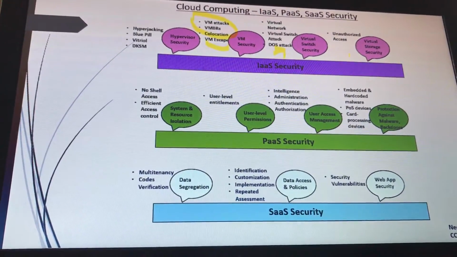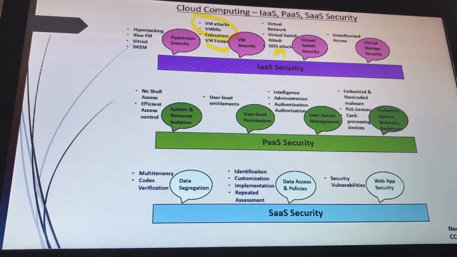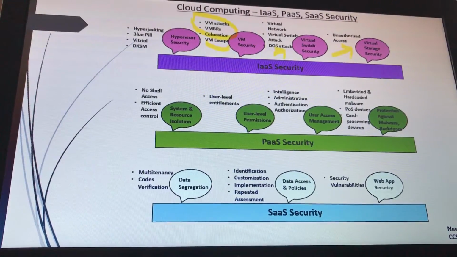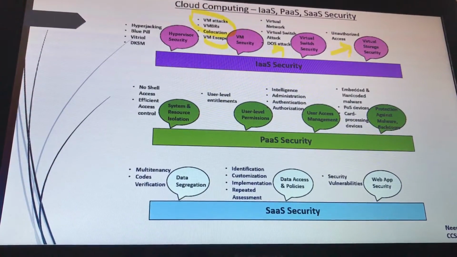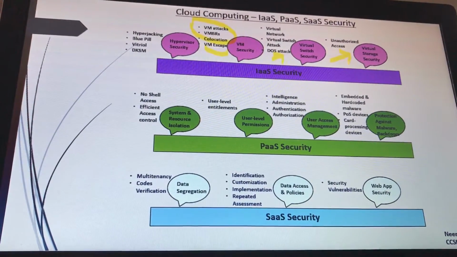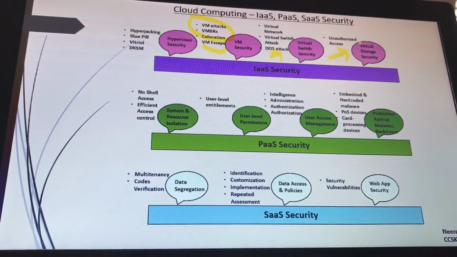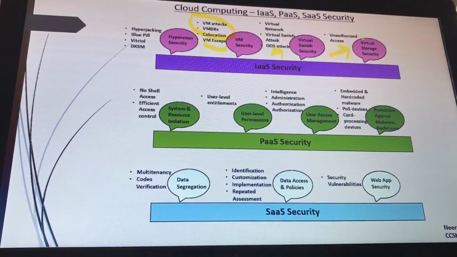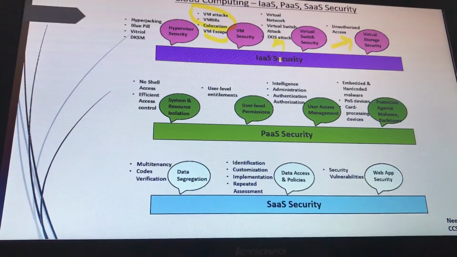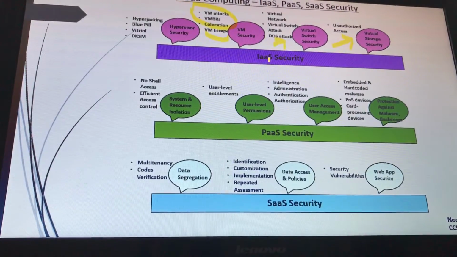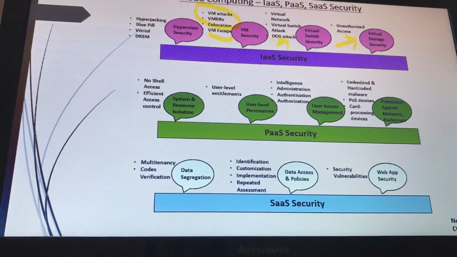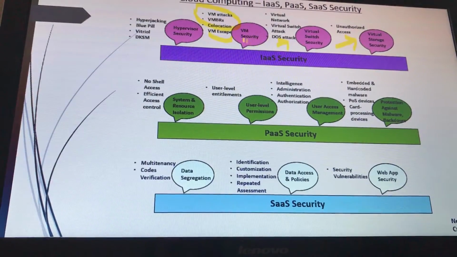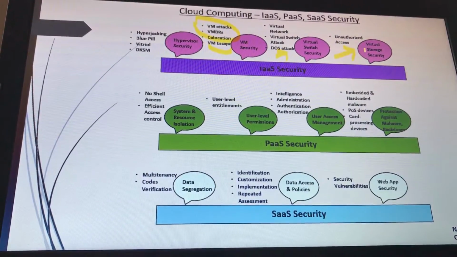Next is virtual storage security, where we have data stored in a virtual environment. Unauthorized access will impact the data, and we need to make sure that encryption is enabled on the virtual storage to maintain security in the virtual storage environment. So this is all about infrastructure as a service security. Security is needed in this model to protect all these important components of infrastructure.